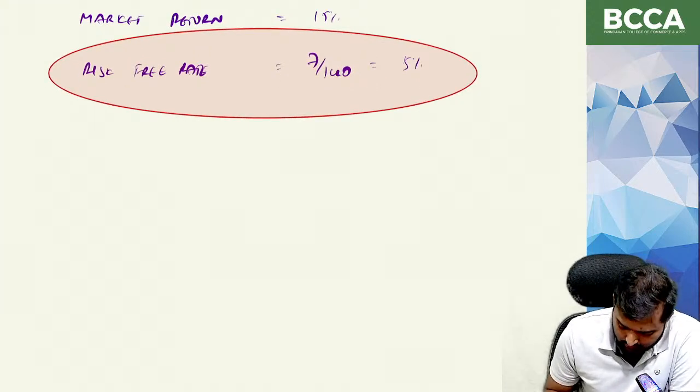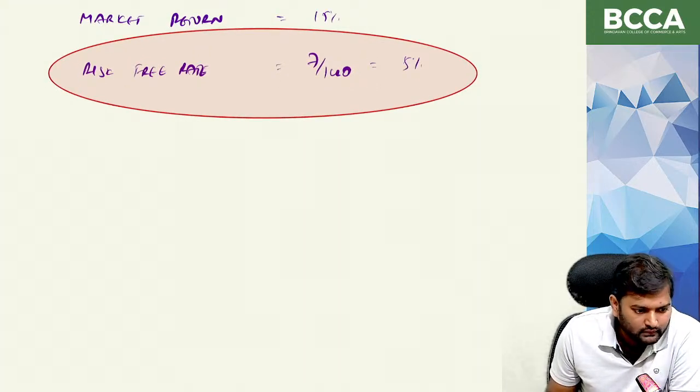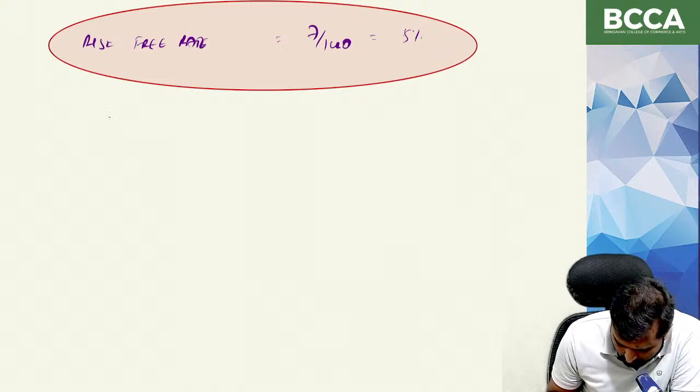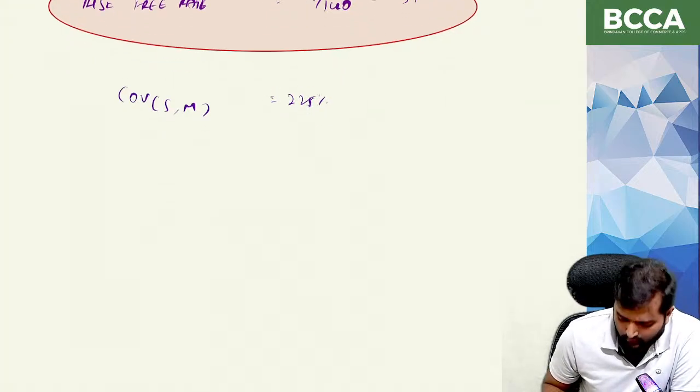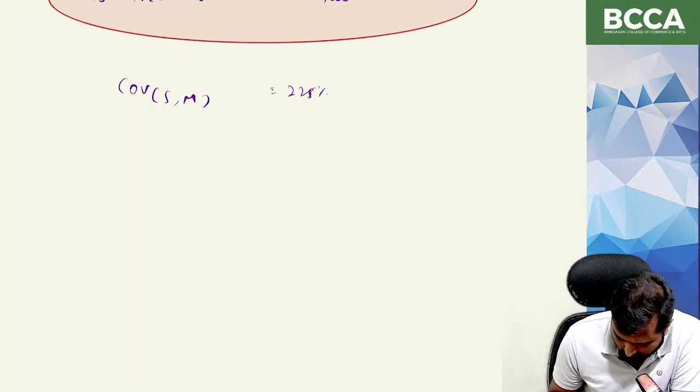Next information. Covariance of S comma M, security and market, 225%. Next, correlation coefficient, that is sigma SM, is equal to 0.75.